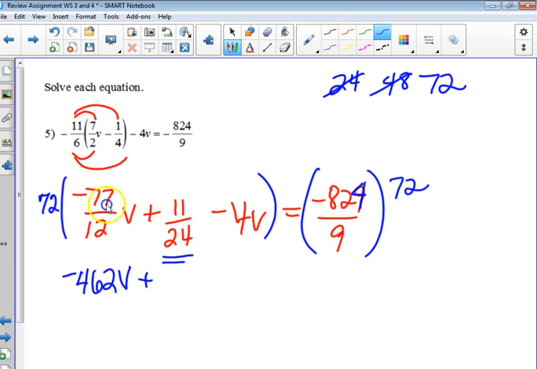Thank you. Okay, I know what this one is. 72 times 11 divided by 24. I got 33, yes? 72 times what back here? Yeah, just negative 4 or divided by 1. It's just 72 times negative 4. 288?